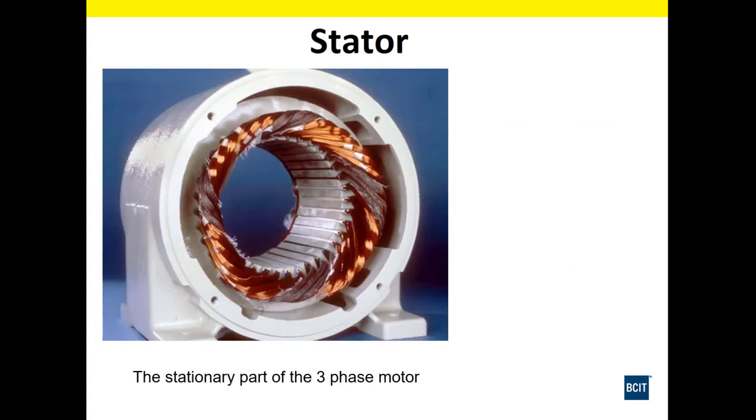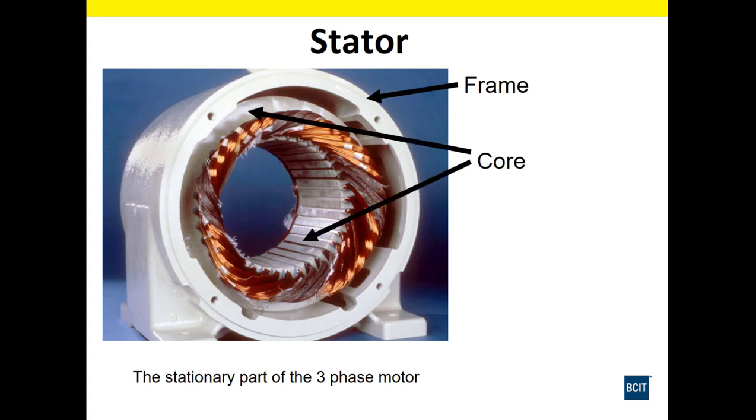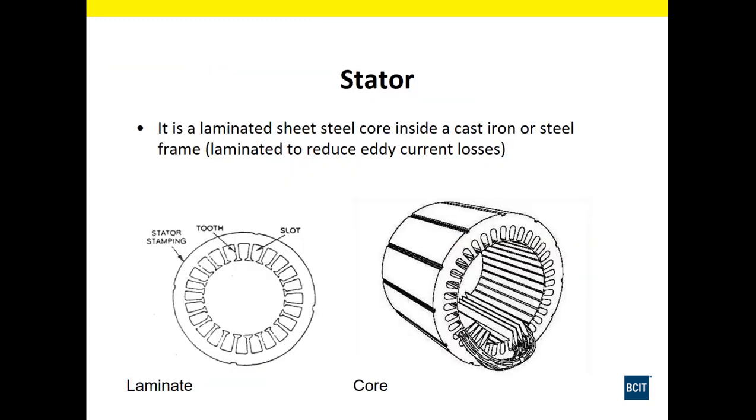Here we have the stator. The stator is the stationary part of the three-phase motor. It consists of the frame, sometimes called the yoke, the core, and windings. The stator core is made of laminated sheets, all welded together.